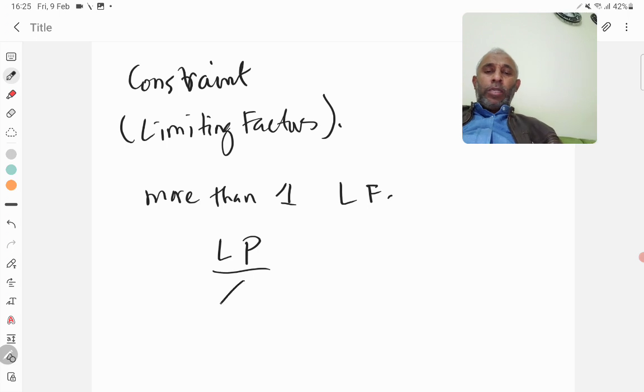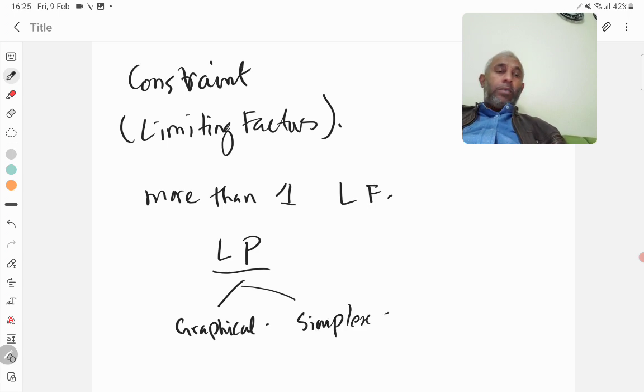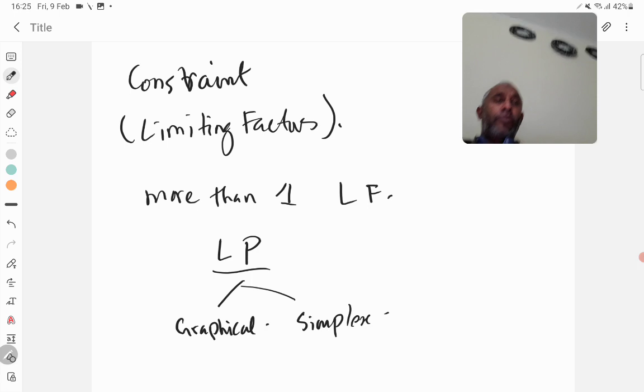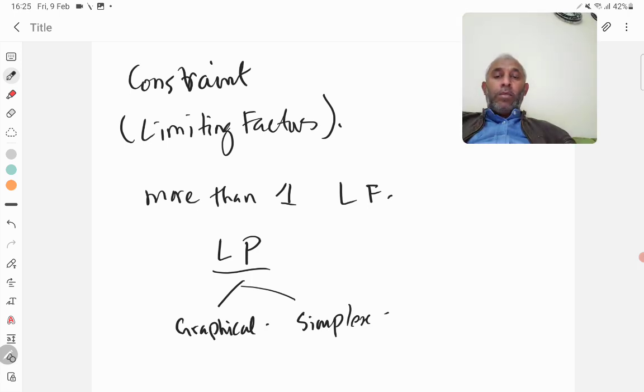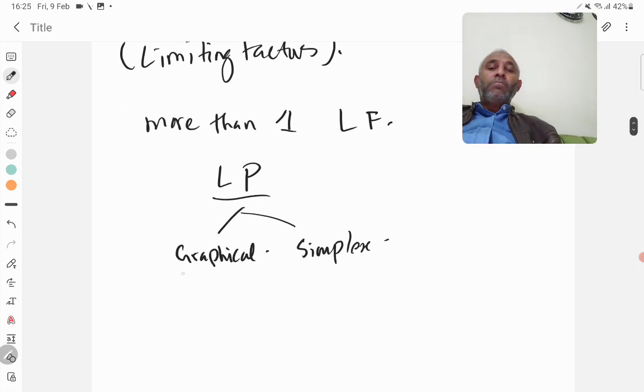In linear programming, there are two methods: the graphical method and the simplex method. To answer a limiting factor question using the graphical method, you should understand that there should be only two variables.